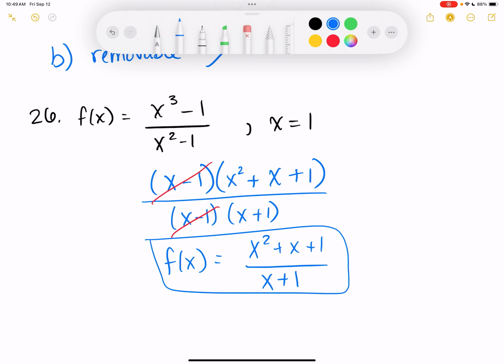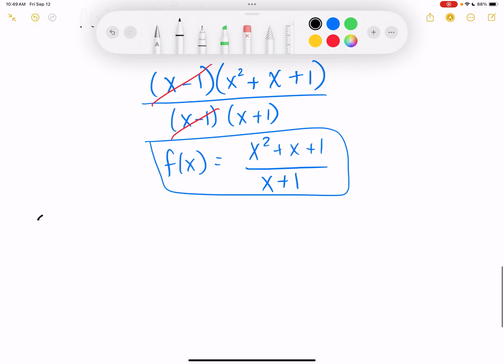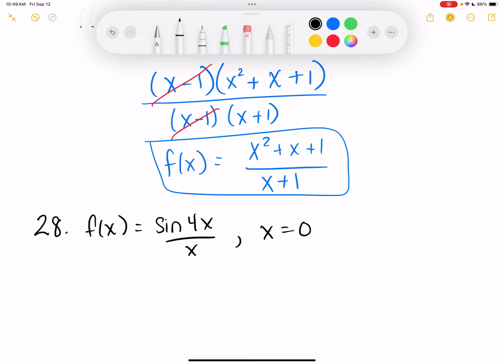28 is kind of interesting. It's f of x is equal to the sine of 4x over x, and they tell us that x is equal to 0. So do you know, or well, obviously 0 causes a problem right now, right? Because if I put 0 in, the sine of 0 is 0, and then over 0, we obviously have a problem there. But is there any other value that this cannot be besides 0 that's going to cause a problem?